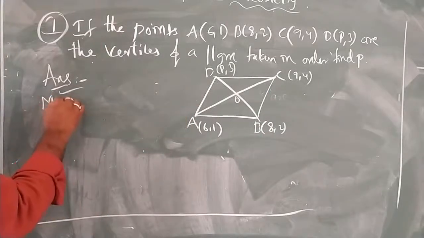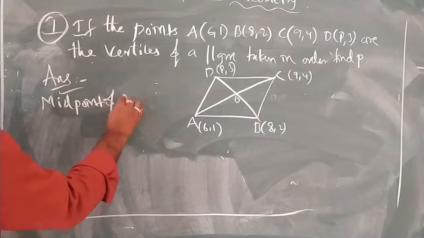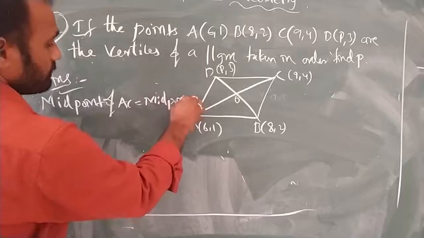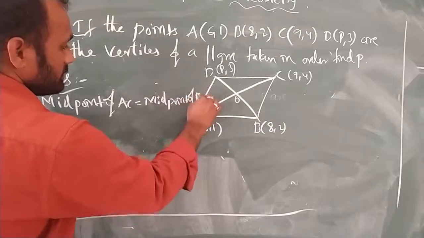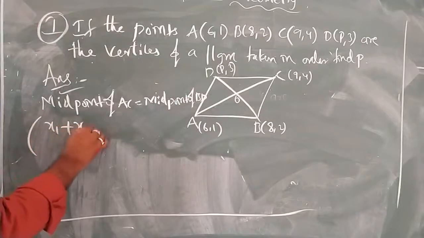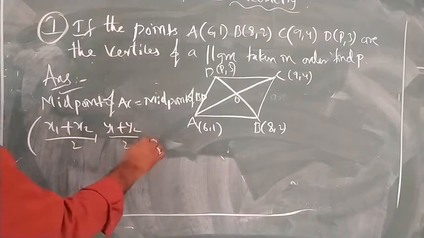So the midpoint of AC is equal to the midpoint of BD. What is the midpoint formula here? (x1 + x2)/2, (y1 + y2)/2.